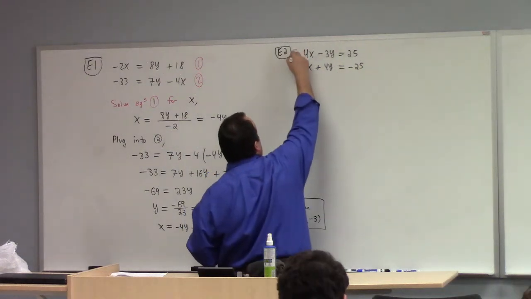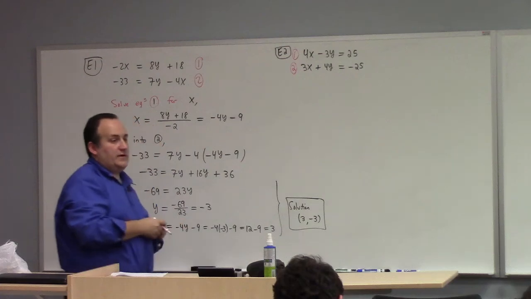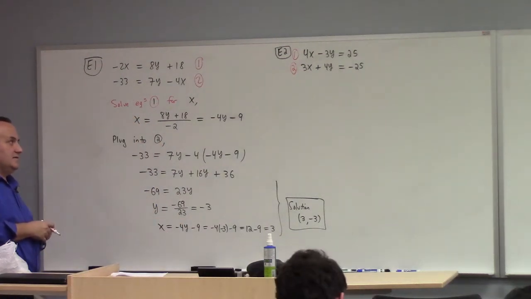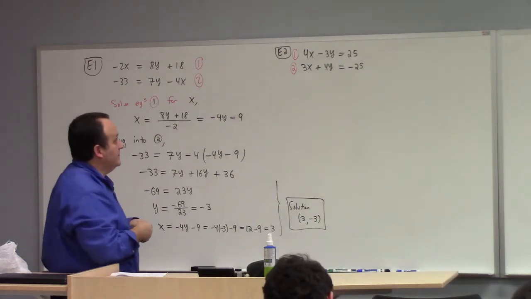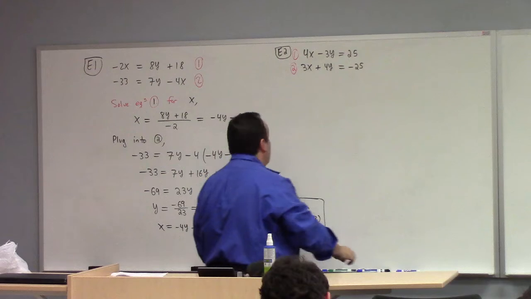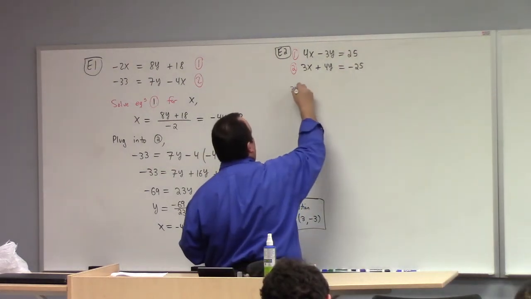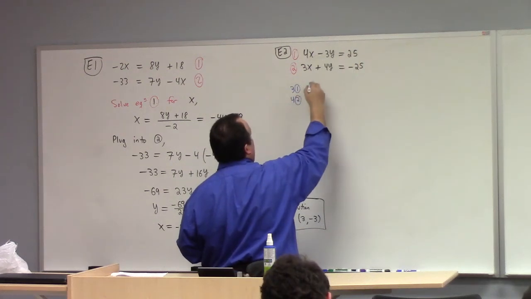Here's equation 1, here's equation 2. What we want to do in elimination is make something match up so we can cancel it. Multiply the first one by 3 and the second one by 4, you say. We can do that. Sure, why not?